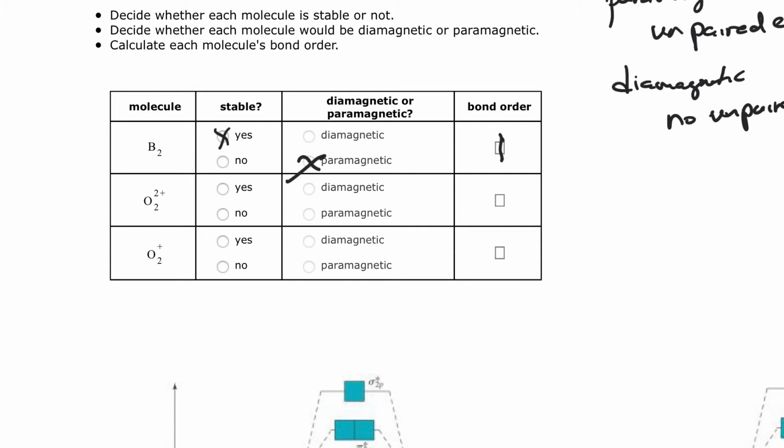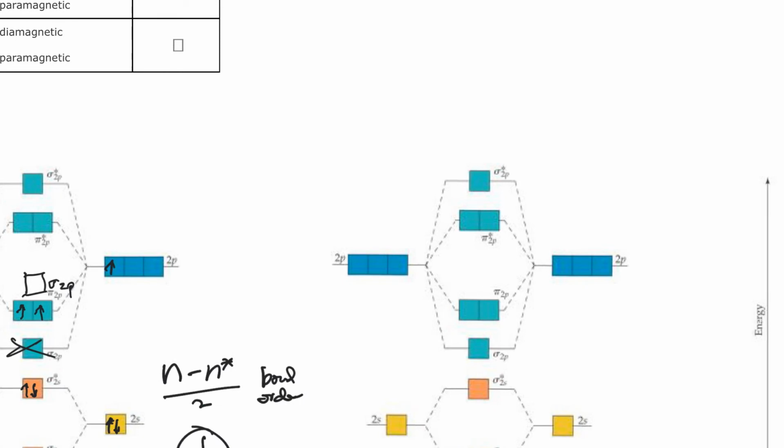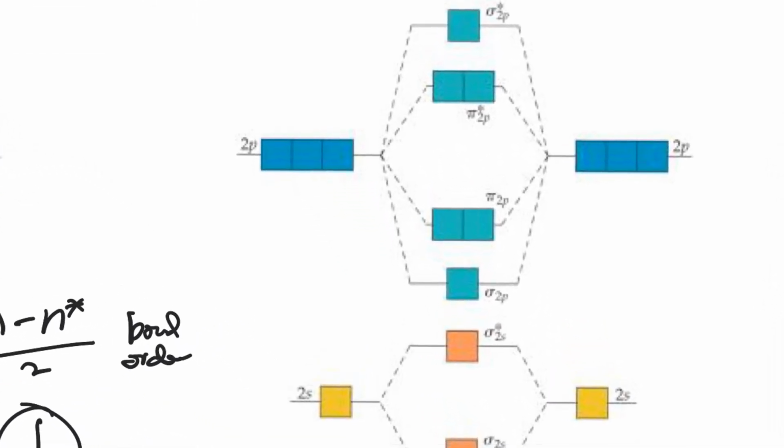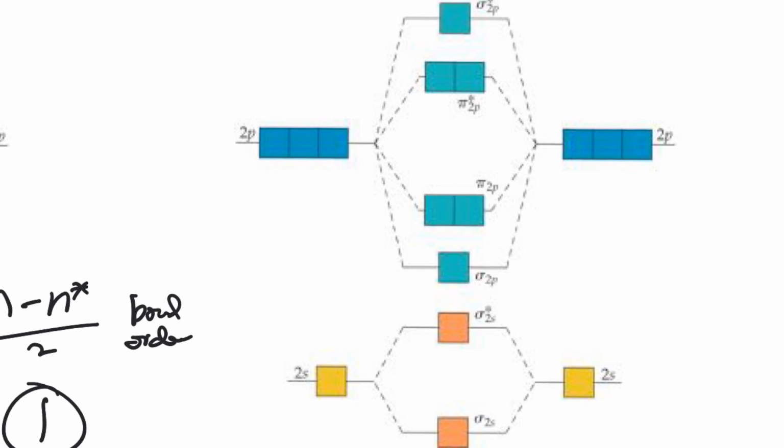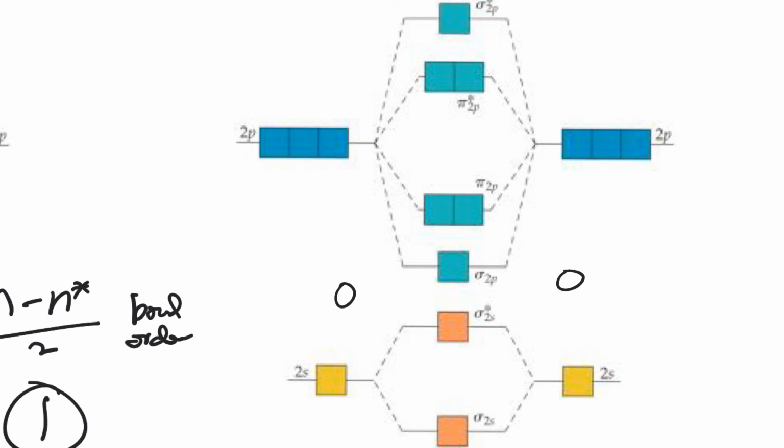The next one is O2, but it's an ion, O2 2+. Let's do this again. I'm going to have oxygen on both sides. Oxygen in the periodic table has 8 electrons. 2 of them would be in 1s1 and 1s2, so that means I'm going to have 6 more.